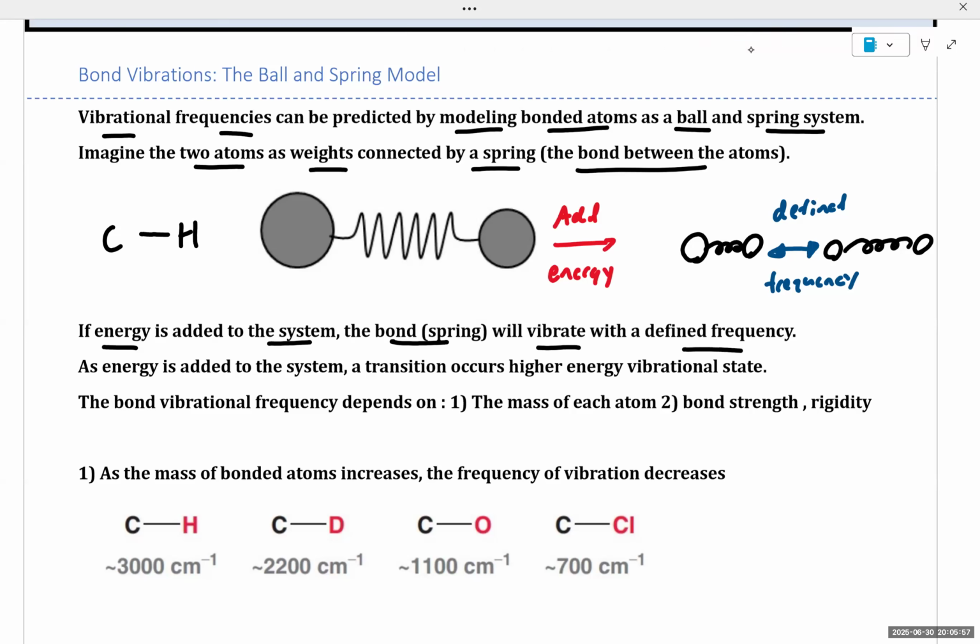Now, this can be connected to our atomic model in that as energy is added to the system, a transition occurs to a higher energy vibrational state. And this bond vibrational frequency depends on the mass of each atom and the bond strength and bond rigidity.